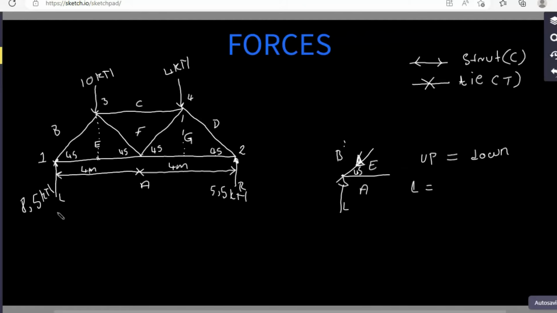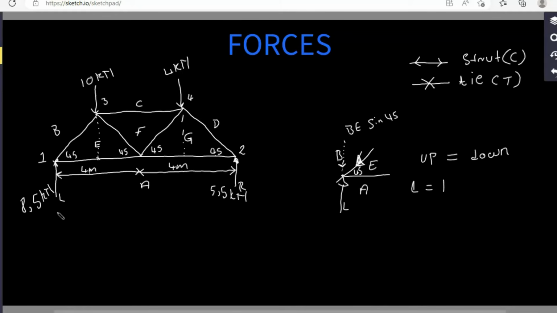We know when a force is applied at an angle, it develops two components. The component of BE that is going down will be BE sine 45. We're using the angle that this force makes with the horizontal.